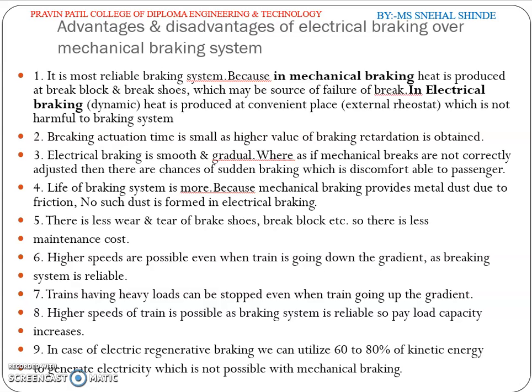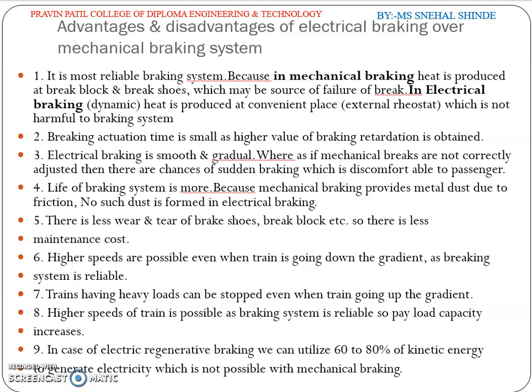Advantages and disadvantages of electrical braking over the mechanical braking system: it is a more reliable braking system because in mechanical braking heat is produced at brake block and brake shoes, which may be a source of failure of the brake.